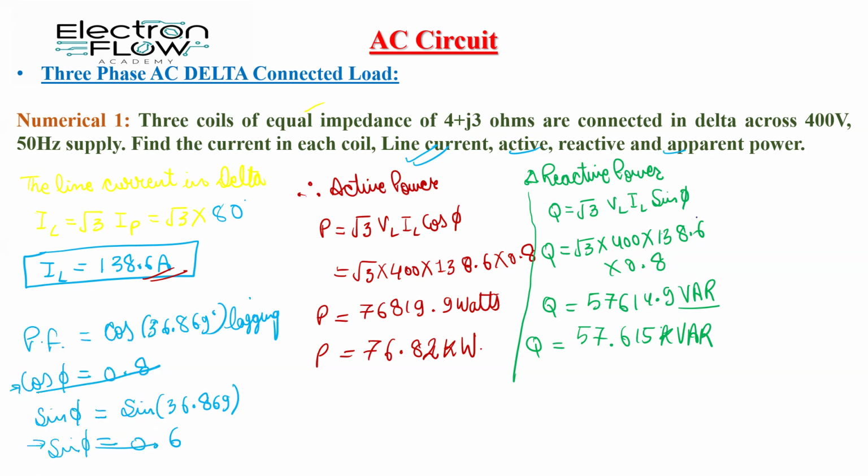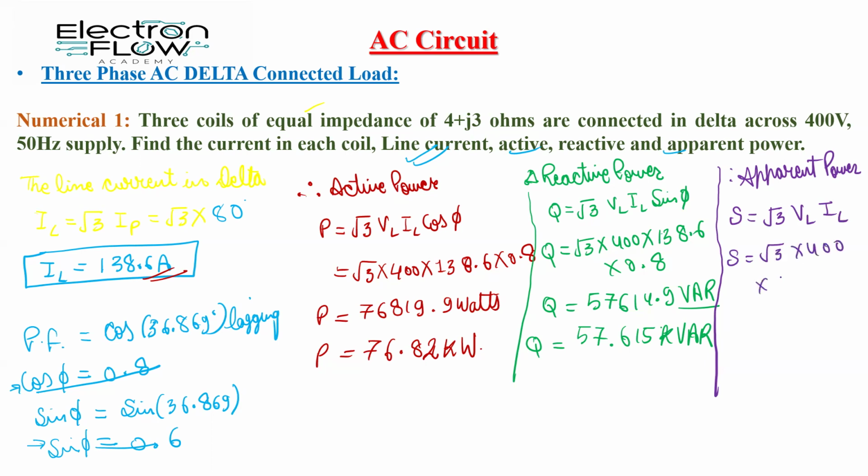The last one is the apparent power. The formula for the apparent power in the case of three phase is root 3 VL IL. So S is equal to root 3 into 400 into 138.6.